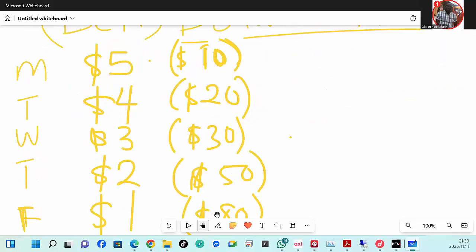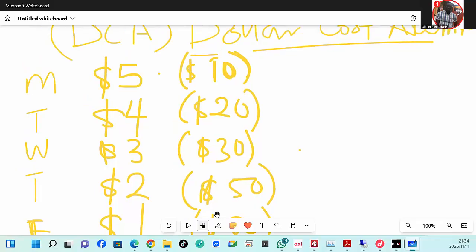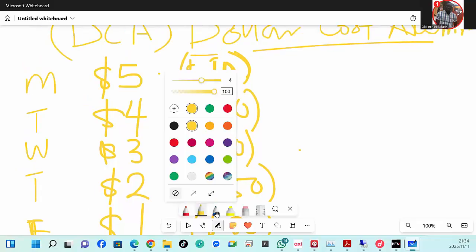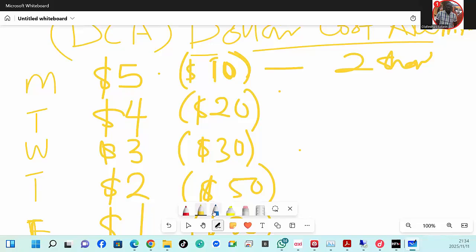If you look at $20, we buy more because the price has become $4. And $30, we buy more because the price has dropped again. If you put $10 here, and the price is $5, that will buy 2 stocks. We are going to buy 2 shares on Monday. On Tuesday it is $4. I want to buy $20. How many shares are we going to buy here with $20? Anybody? 5. Good.